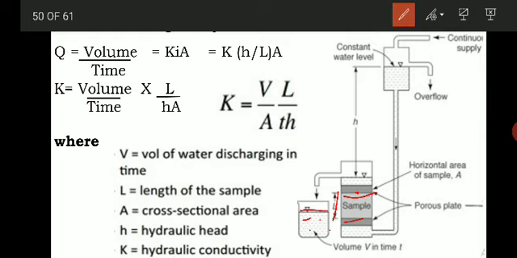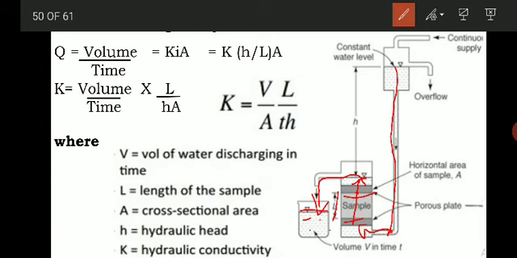So the water enters the medium of the sample of the earth material in the cylinder from the bottom and is collected as overflow after passing upward. So here what happens, the water is moving down from the pipe, and it enters the sample from the bottom, and it will flow through this sample, and whatever water is coming up is collected separately.